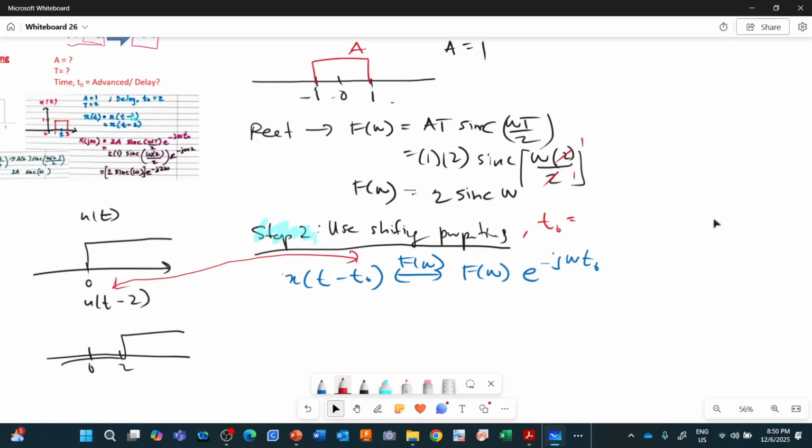So T naught equal to 2. Understand? So if it's shifting to the left, then T naught equal to minus 2.